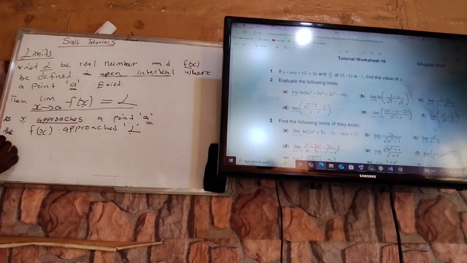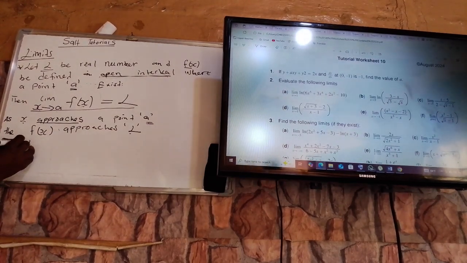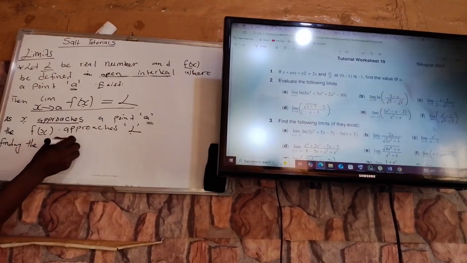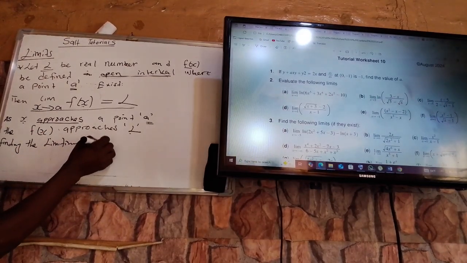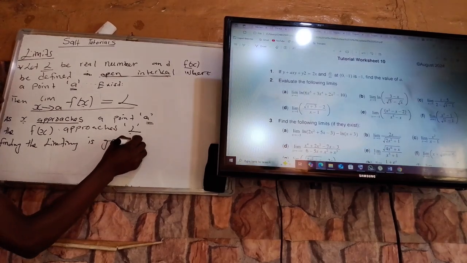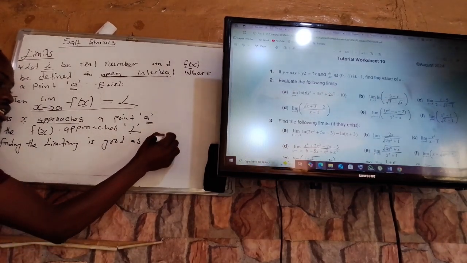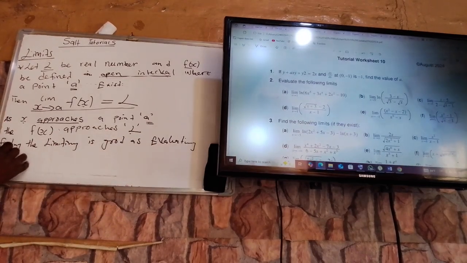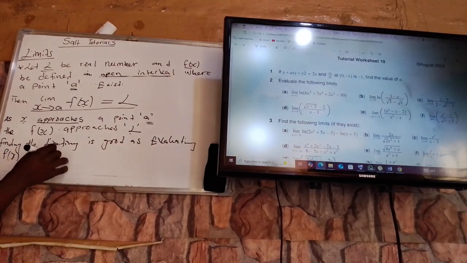So we have to understand that finding the limit is as good as evaluating f of x at a.